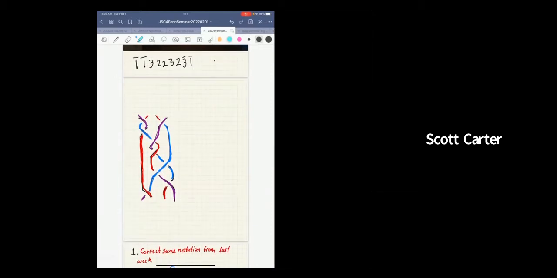So we can construct an immersion. Sometimes it's an embedding. I think that's going to be an embedding in this case of the threefold branch cover of S3 branched over the knot or link.